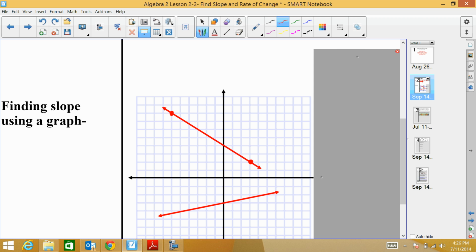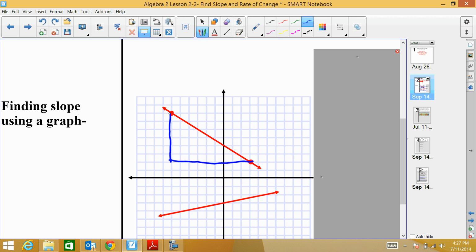And I need to do the rise over the run. So I need to know how much does this one go up and down compared to how much it goes side to side. So this one you'll notice goes downhill, which means it has a negative slope. So going from left to right, I'm going to figure out the rise over the run between these 2 points.